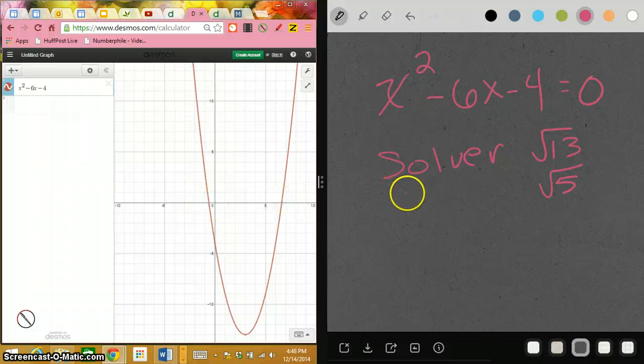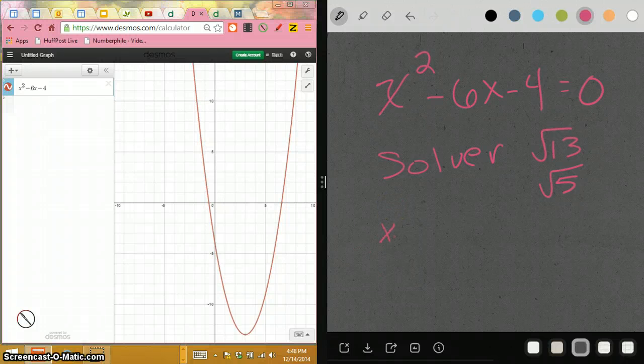When I put it into the quadratic solver, I got that x was equal to, let's see, what did I get here? Let me find my paper.